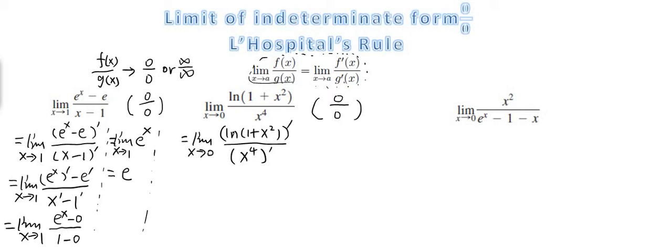Before I solve this, I would like to recall the derivative of the composite function ln f(x). How do we take the derivative of this? It should be 1 over f(x), times the derivative of f(x).